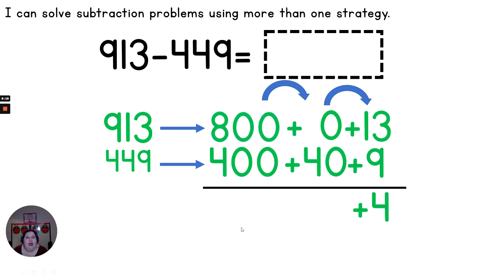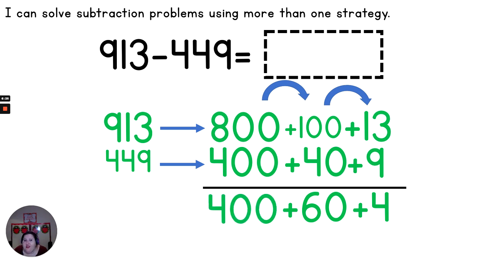So 900 will now be 800, and that 0 now becomes 100. And 100 minus 40 is 60, and 800 minus 400 is 400. So then again, we have 400 plus 60 plus 4. Put it together, and we have our answer of 464.